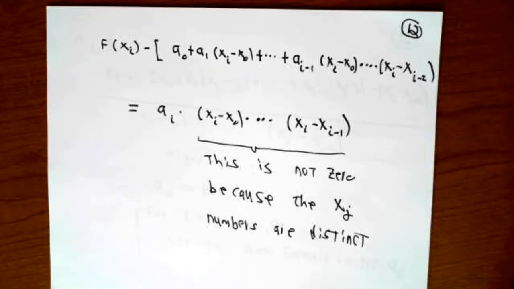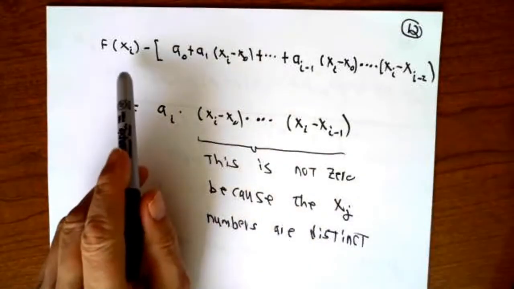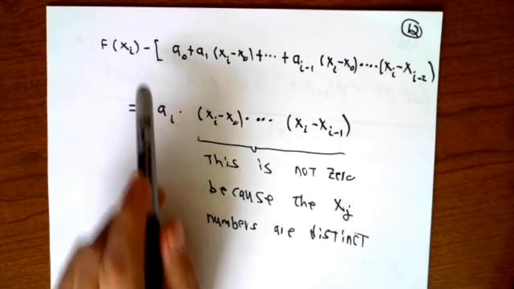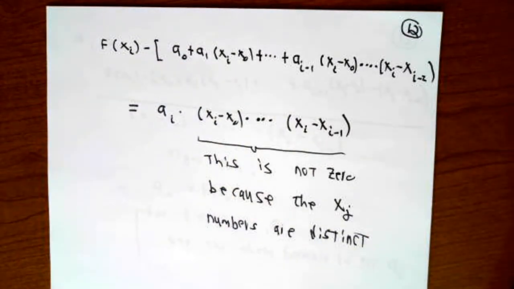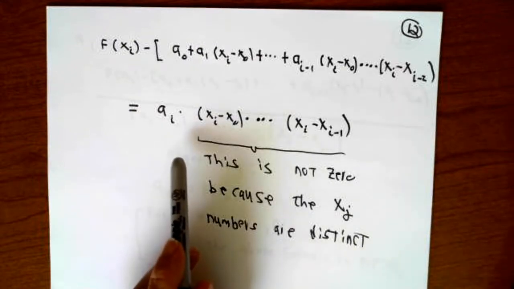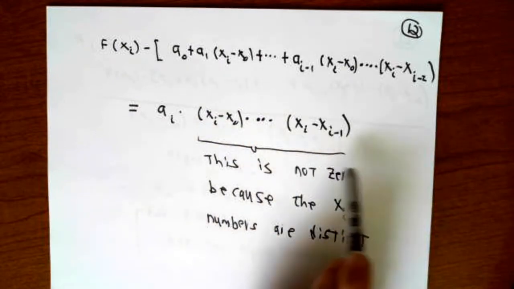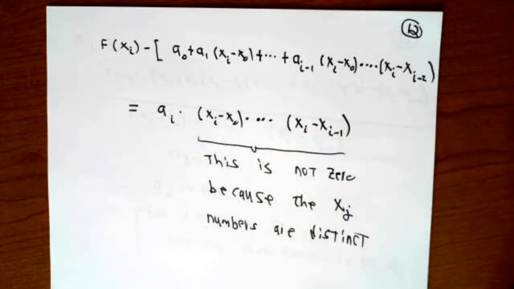If I rearrange the terms slightly, f at x number i minus the terms that were at the beginning of the right-hand side previously must be equal to ai times this product, which I know to be a product of non-zero numbers.